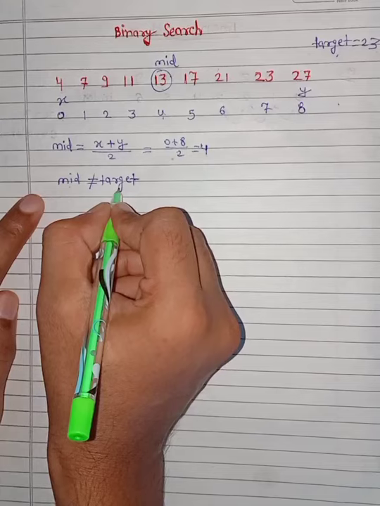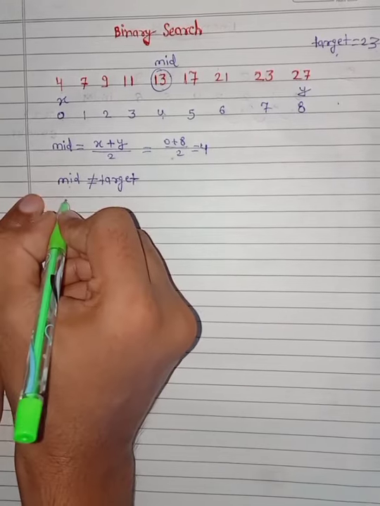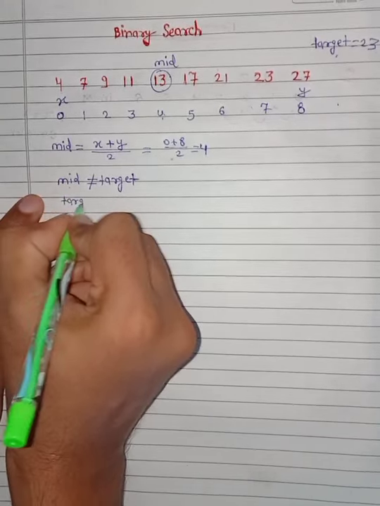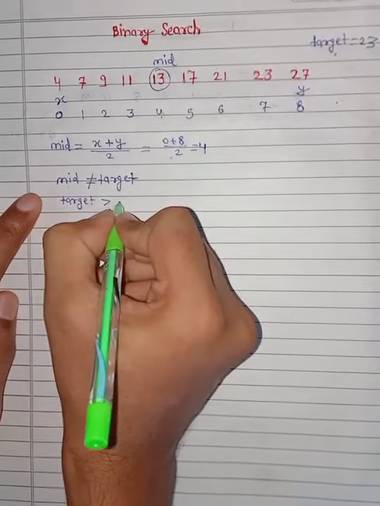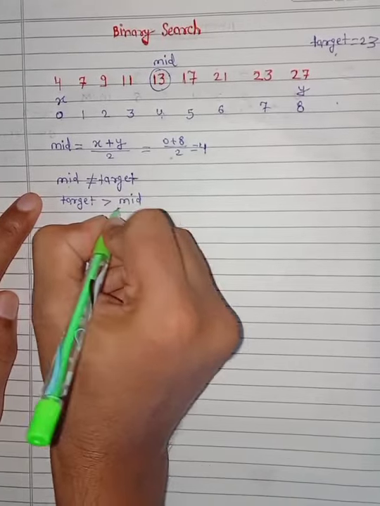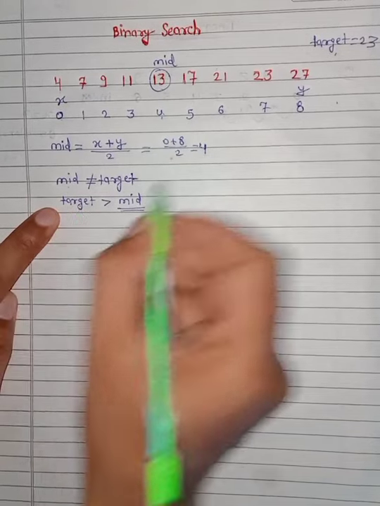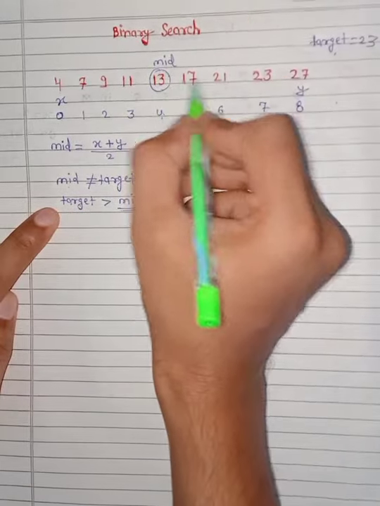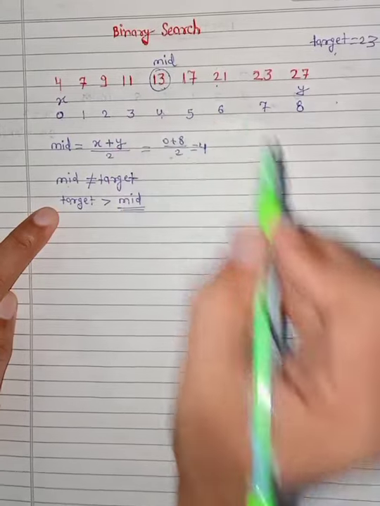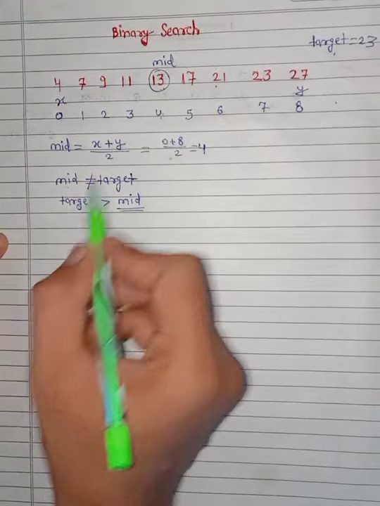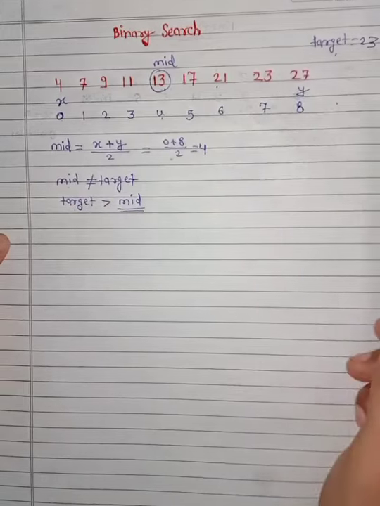If our target element is greater than the mid element, then definitely our target element is available in the right side of the mid element, because it is greater and the array is already sorted.